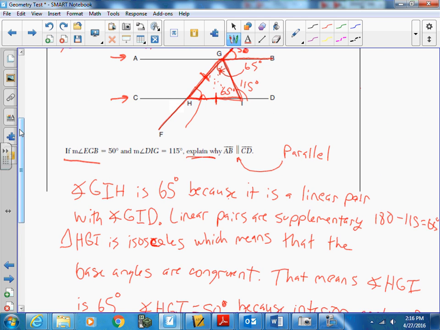And if we know that's 50, we know that's 50 degrees.